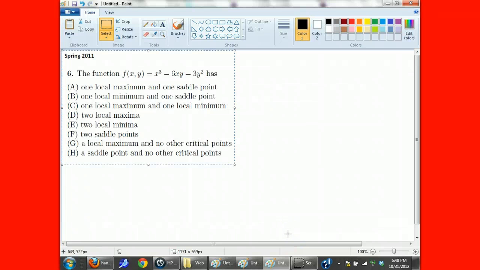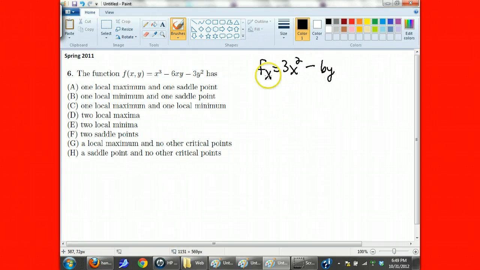So what's the x partial? 3x squared minus 6y. Yeah. How about the y partial?